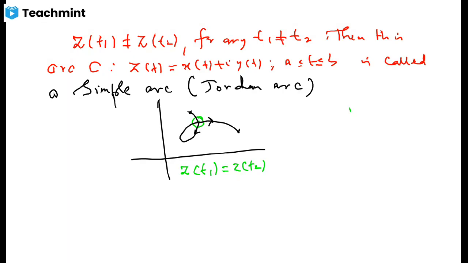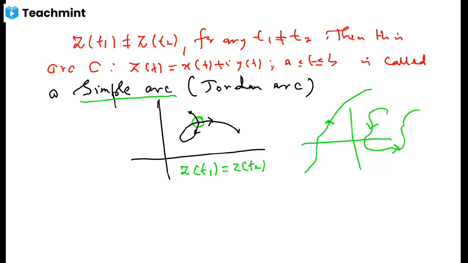So what is a simple arc? A simple arc is where you cannot have this kind of possibility where the arc is crossing itself. Like you have this, this is just a simple arc. Any function like this, let's signify its direction also. This is also a simple arc. Now another possibility is there.